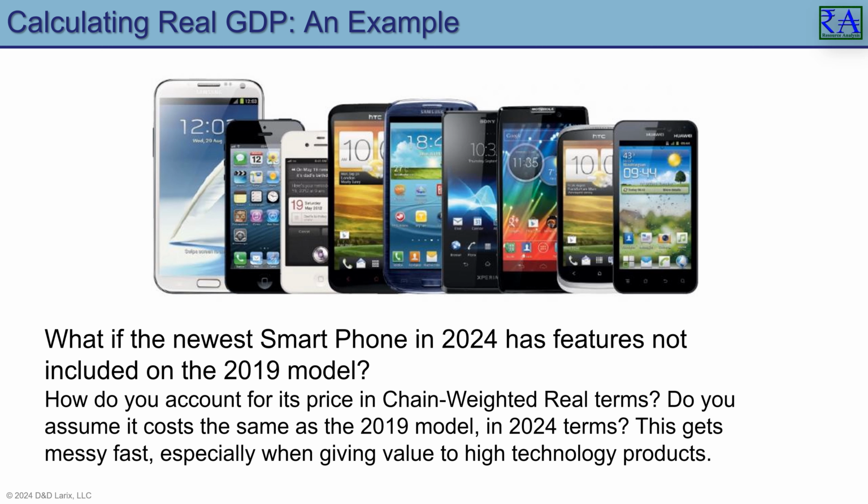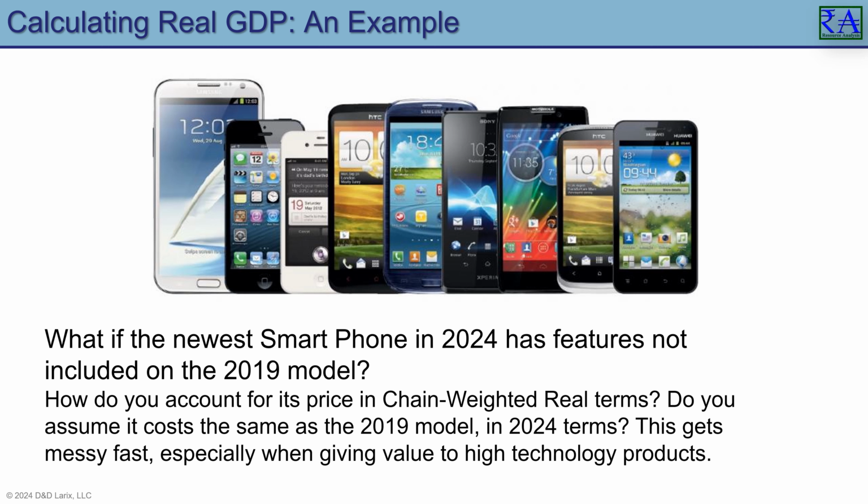However, this method can quickly become complicated, especially with high-tech products where innovation and enhancements are frequent. The photograph on this slide, showing various smartphone types, illustrates the issue. The constant evolution of technology means that new products often have no direct historical equivalents for price comparisons. This is why the base year for the GDP calculations is periodically updated.